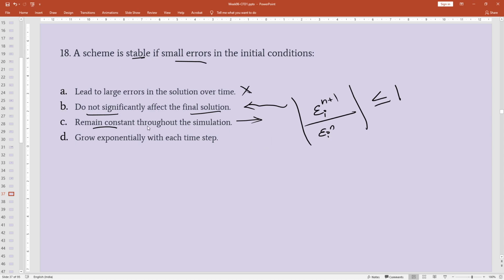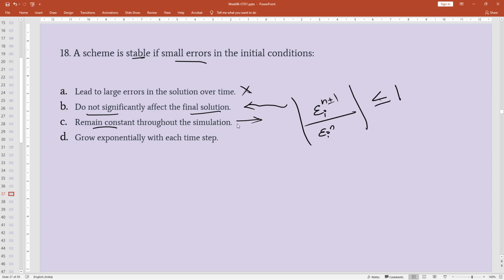I think you have taken it as an equality. Our stability criteria is the error in the n plus 1 step divided by the error in the n step should be less than or equal to 1.